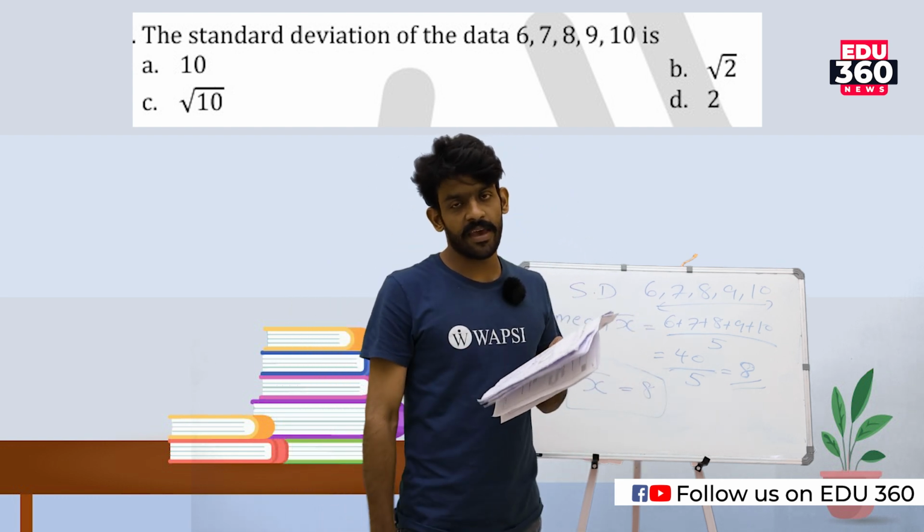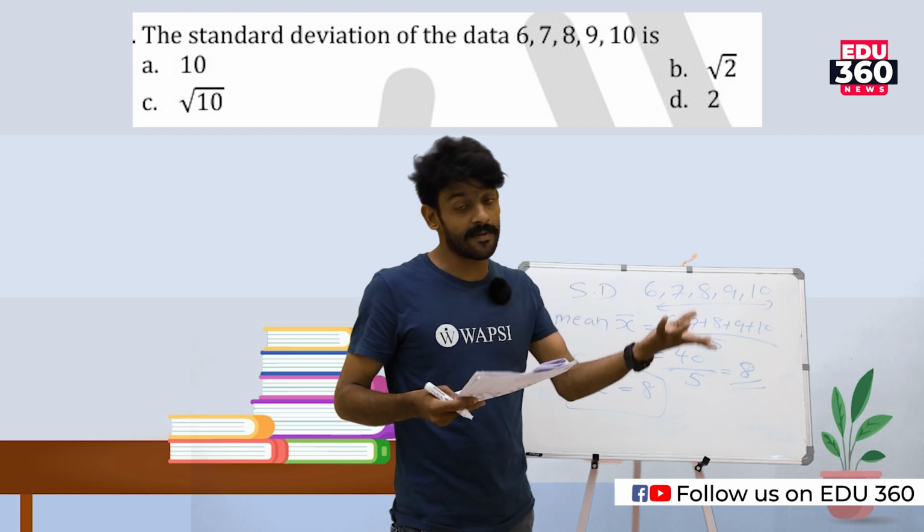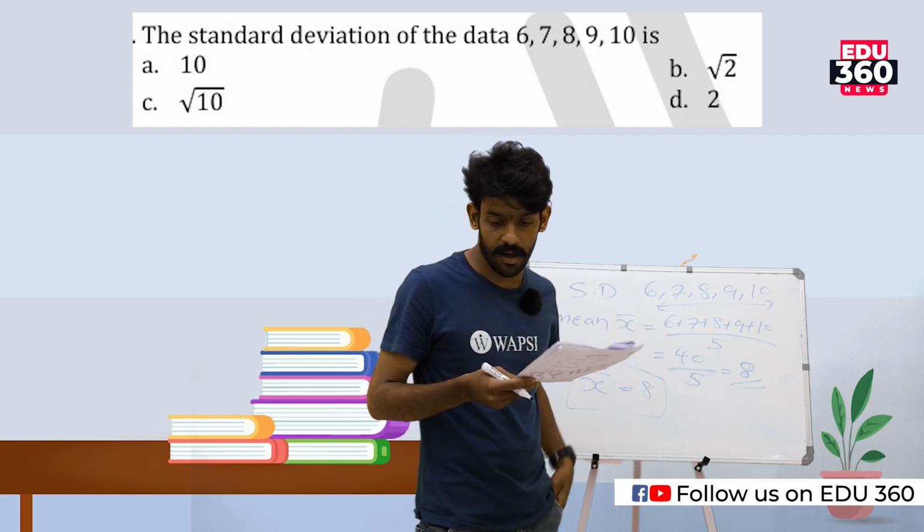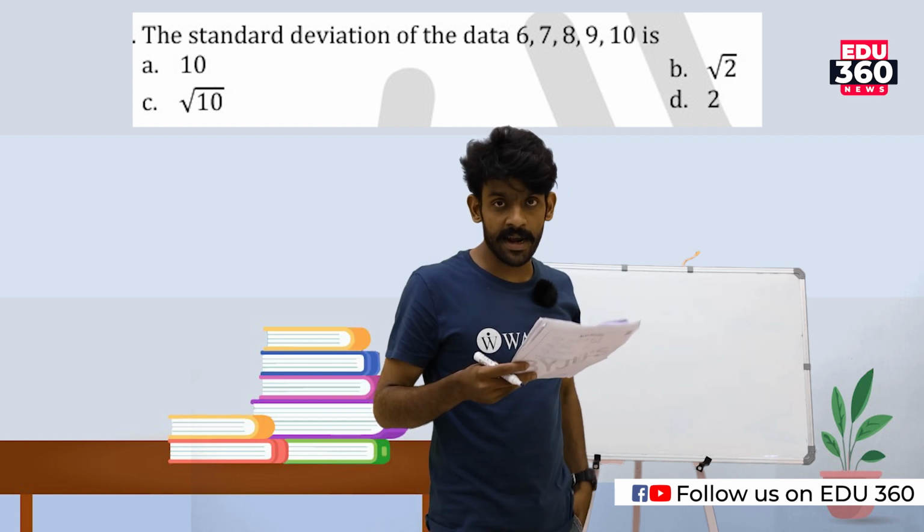So from this we can find the standard deviation. What is standard deviation? Standard deviation is represented by sigma. Yes, this is the symbol for standard deviation.